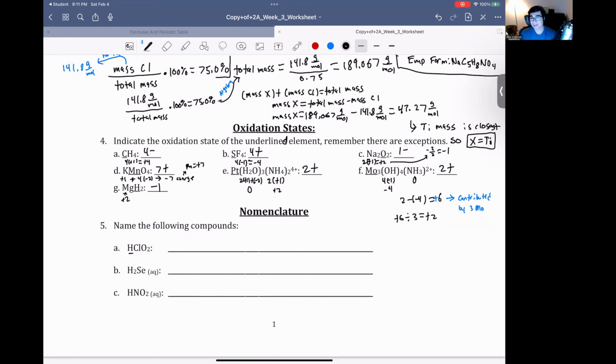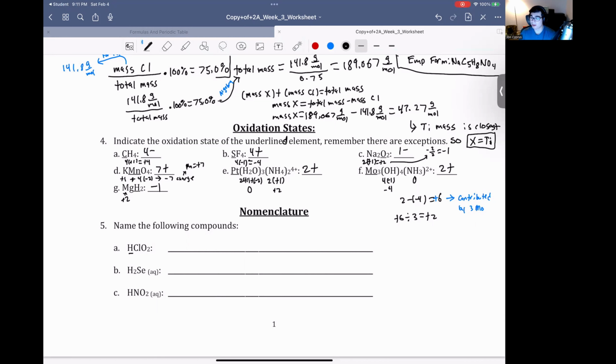When you have more than two, it's where it gets a little tricky. The chlorite-ate series, I guess. For chlorine, ClO2 is chlorite. ClO3 is chlorate. Now there's also ClO4 and ClO.